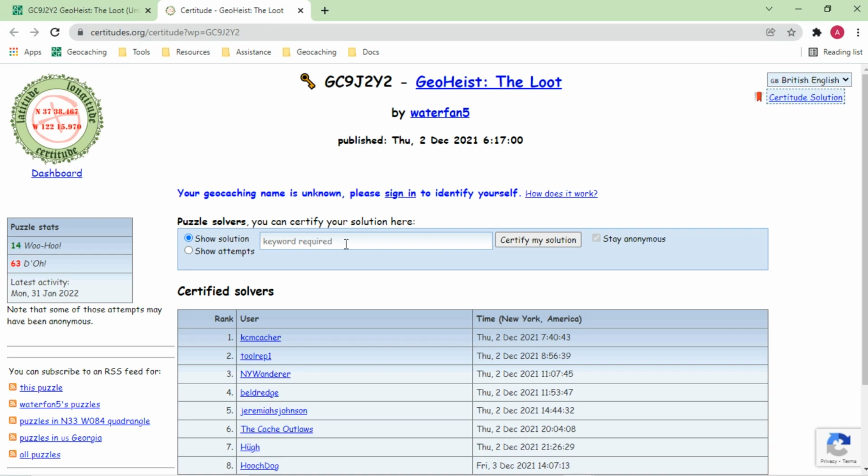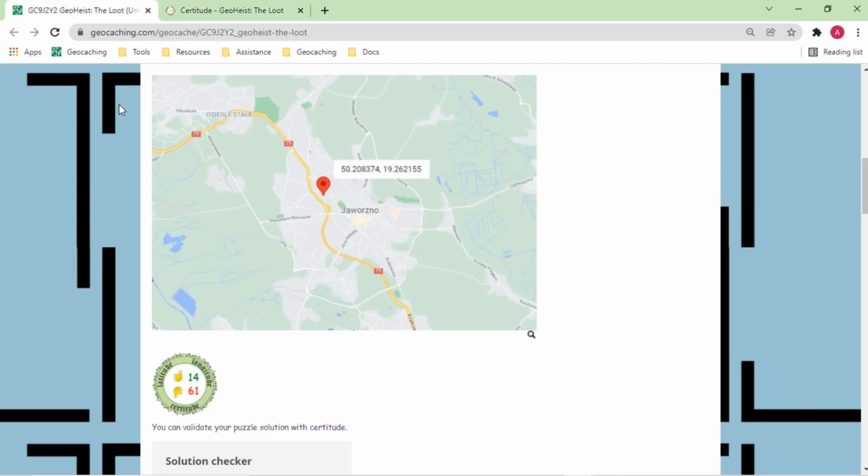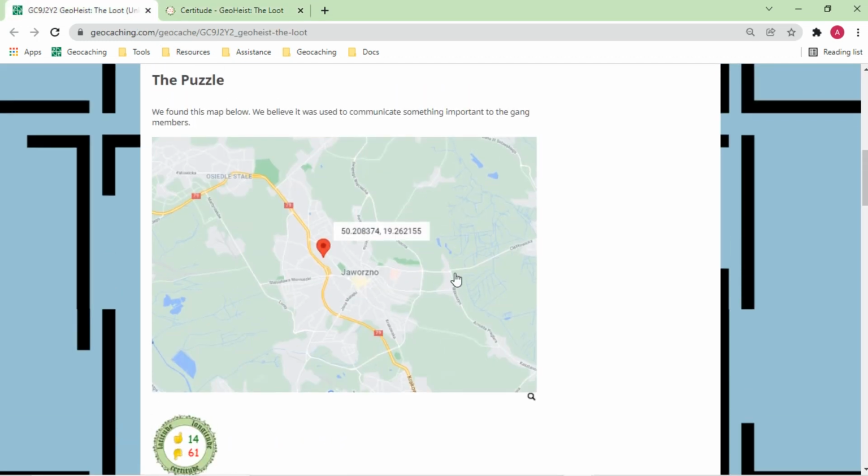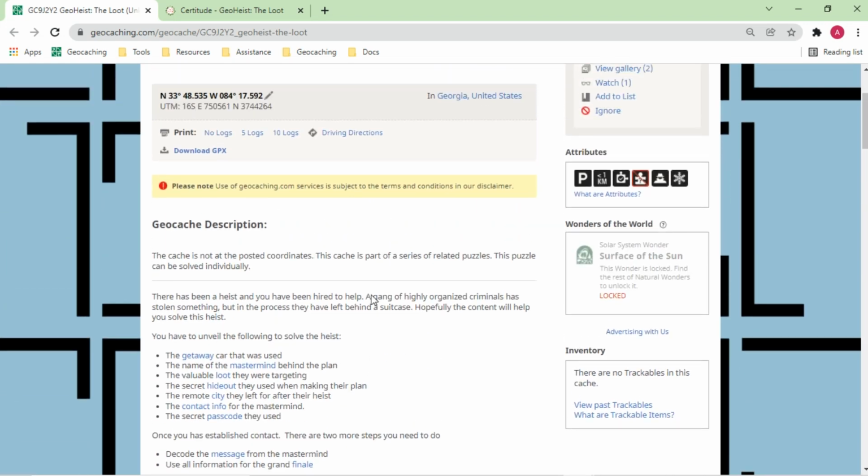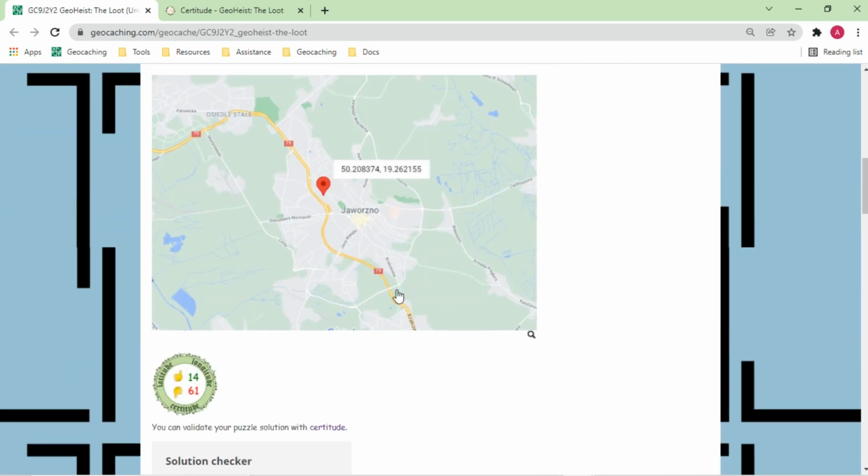So this is important information, since now we know we're not looking for a coordinate, we're actually looking for a keyword. So we see here a screenshot, and we see here a cache coordinate, in this case in the decimal system. Far away, nowhere near where the posted coordinates are. Posted coordinates start with 33, this one starts with 50, so a coordinate conversion in this case wouldn't be as good.